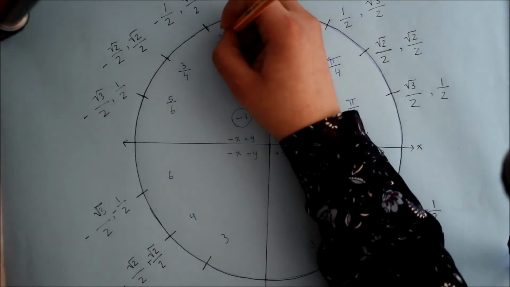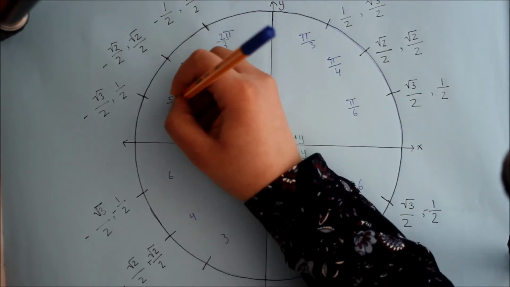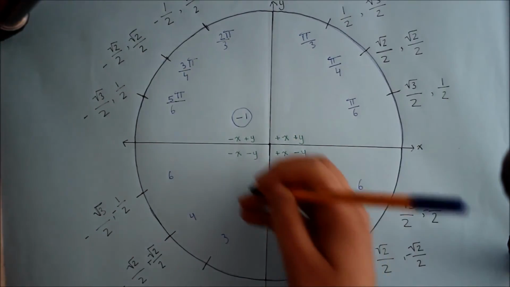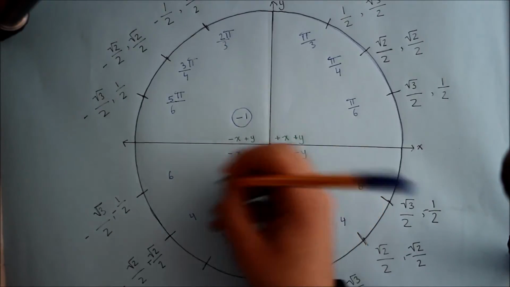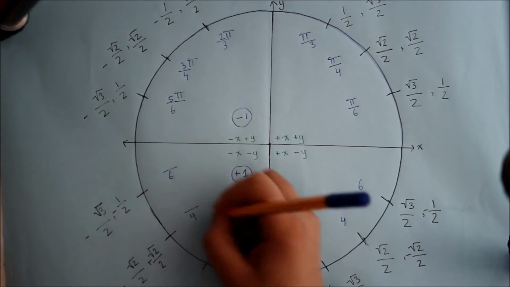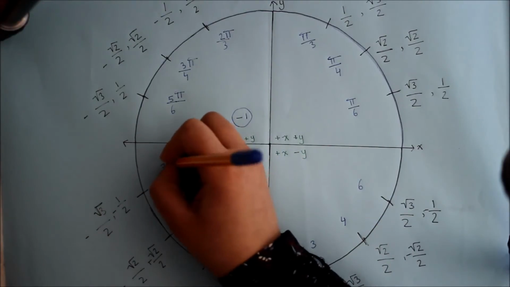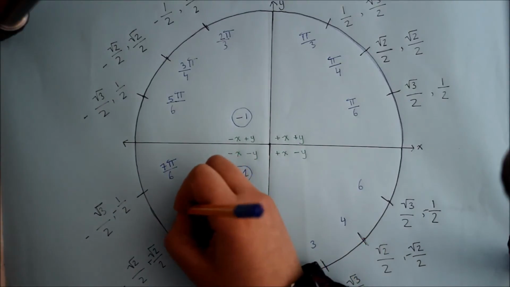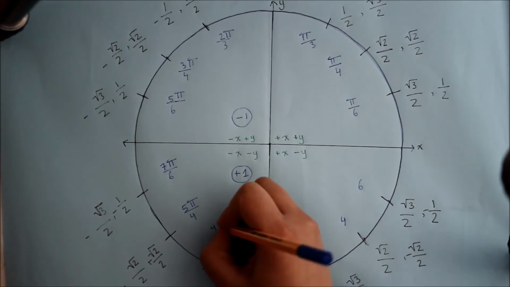Now don't forget to add pi to it as well, okay? So 5 pi over 6. And for this quadrant, you want to add 1 to the denominator to achieve the numerator. So 6 plus 1 is 7, and we don't forget pi, okay? 4 plus 1 is 5 pi. 3 plus 1, 4 pi.